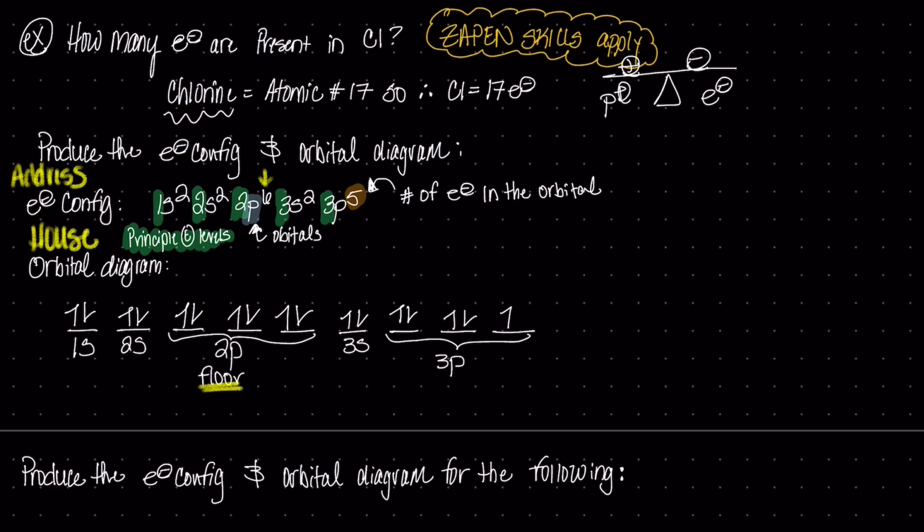What's left over is a sad, lonely fellow that we call an unpaired electron, whereas these are paired. Anybody who has a buddy is a paired electron. Solo dolos are one unpaired electron, or however many unpaired electrons you have.